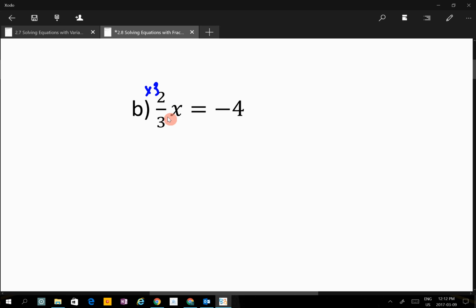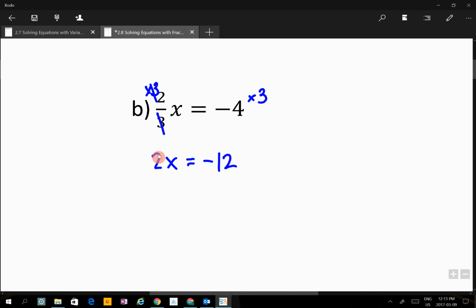If I multiply the left side by 3, I'll also multiply the right side by 3. The reason I'm choosing 3 is because it will allow me to cancel the 3 from the bottom of this fraction. So 3 canceling with 3 leaves me with just 2 times x, and that's equal to negative 4 times 3, which is negative 12.